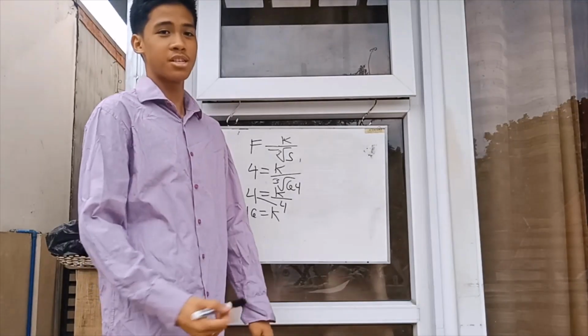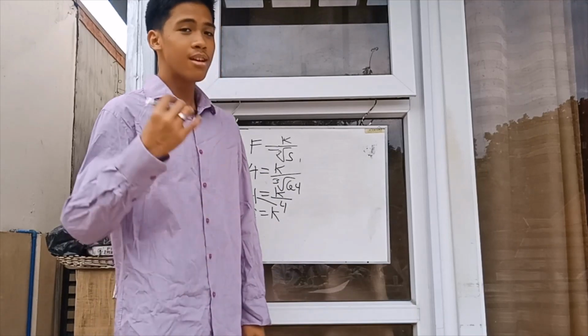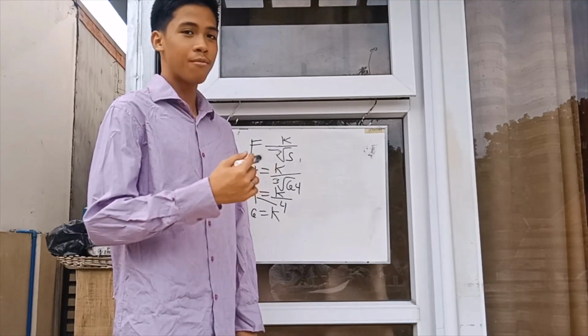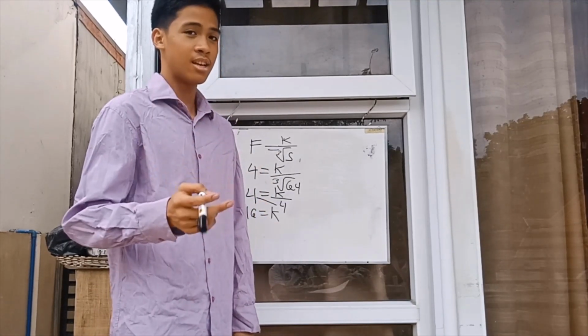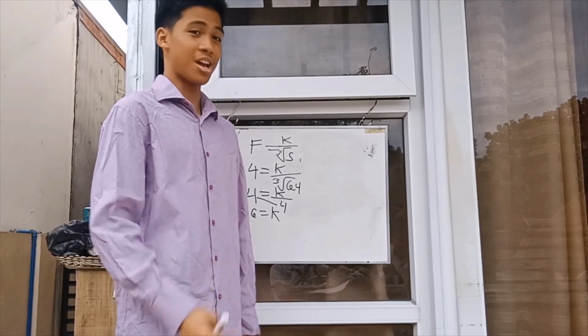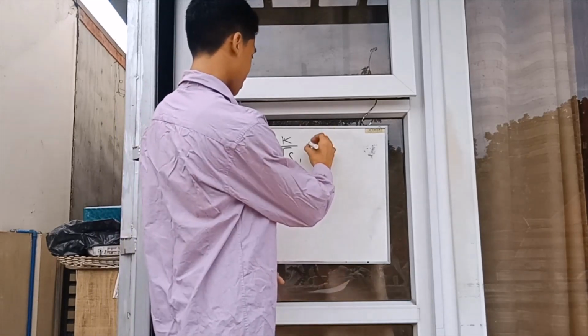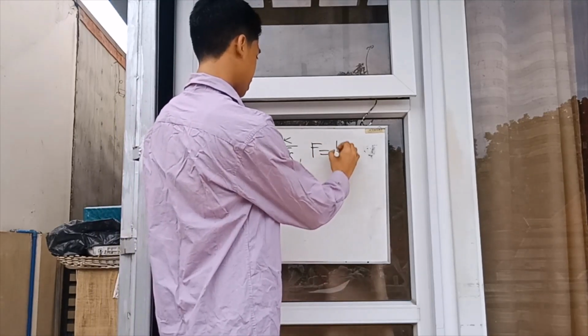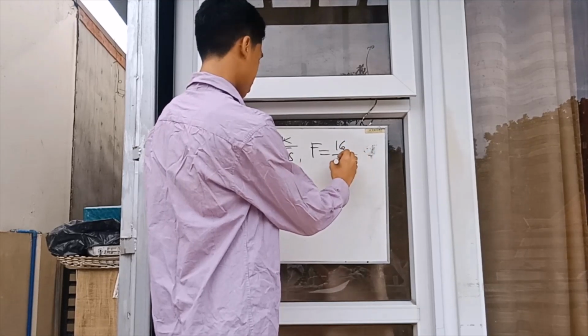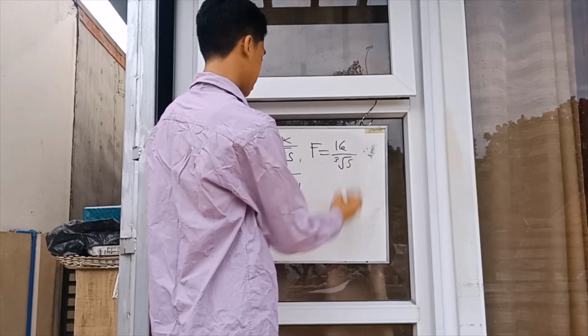F varies inversely as the cube root of s. Find f when the value of s is equal to 512. Whoa, that's a high value. So, f is equal to 16 over the cube root of s.